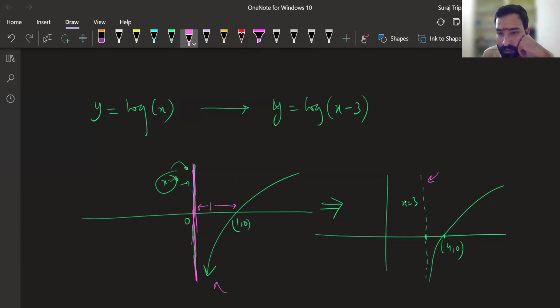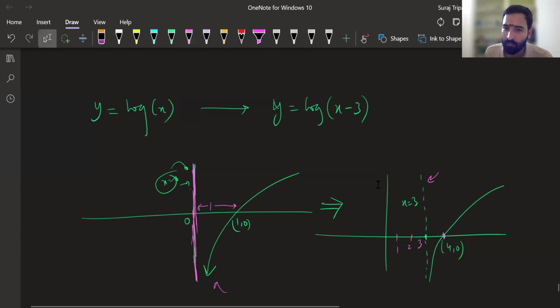So here also there should be a gap of 1 unit between this asymptote line and the point (4, 0). All points will be the same. Only the graph is shifted towards the right side. Right?